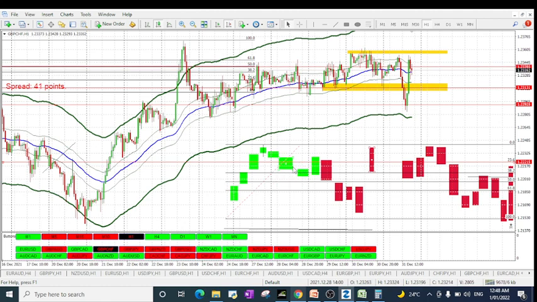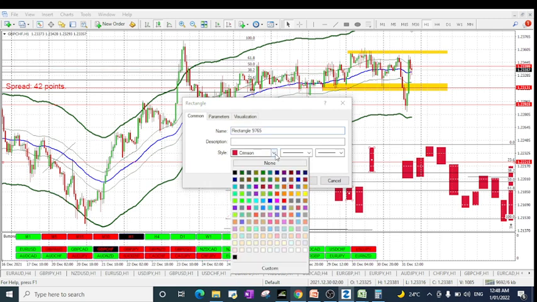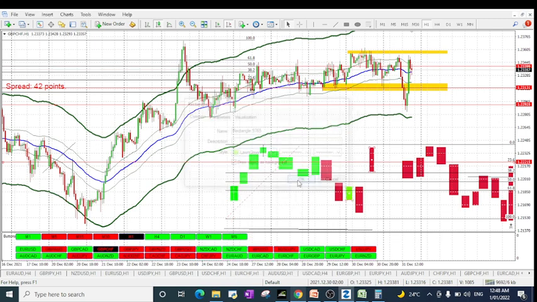So you have a pullback like this. Price seems like it wants to go up, but it failed. This is going to be a green candle. It's a green candle showing a rally, but price kept going down. So this is what it will look like on a smaller time frame.